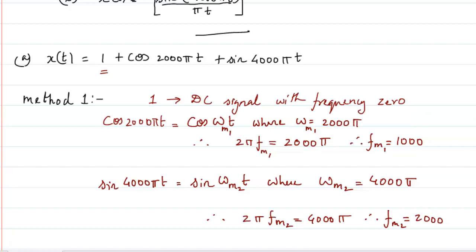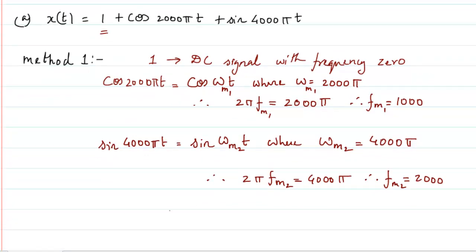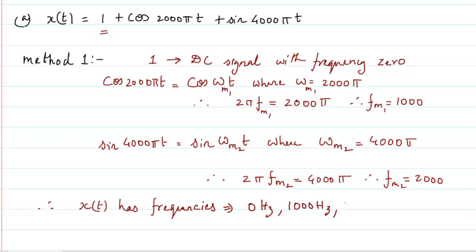So there are only 3 signals here. Therefore x of t has multiple frequencies. One is 0 Hertz, second is 1000 Hertz, and the last one is 2000 Hertz. Correct?